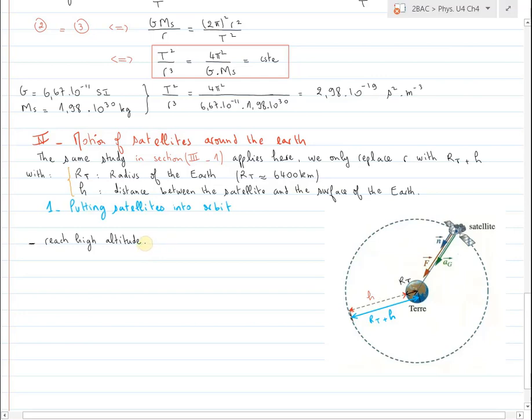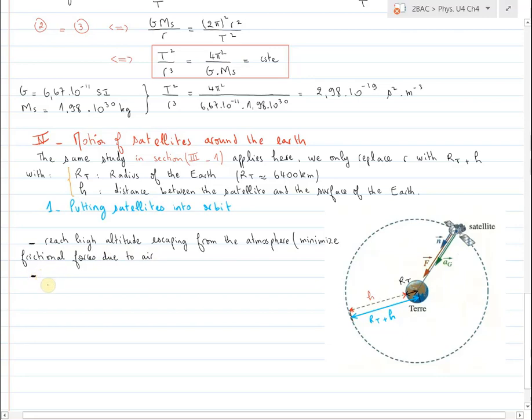It creates friction, and we don't want to get friction and lose power. So we try to reach high altitude where the air is thin, escaping from the atmosphere, to minimize frictional forces due to air.